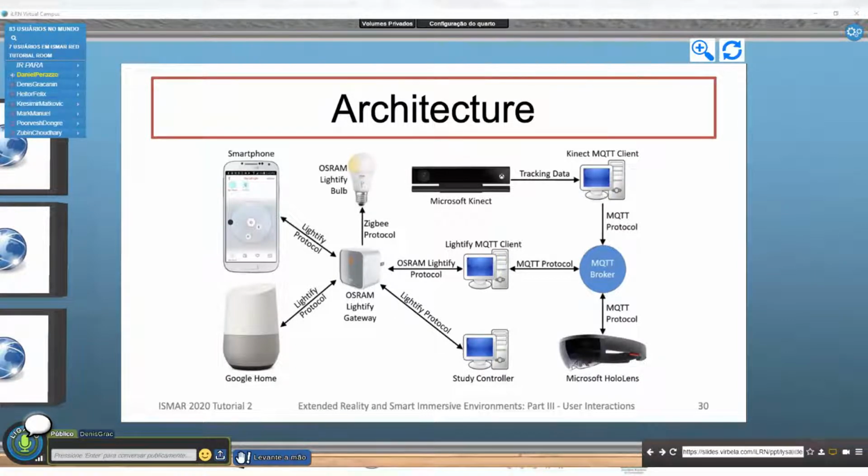We have a broker that allows us to connect the devices involved, namely the body tracking sensor or Kinect, the mixed reality device, namely Microsoft HoloLens, and then a light control system. And that light control system can then be used to control different lights.